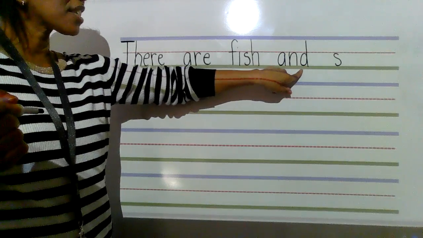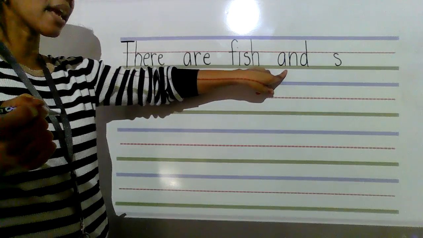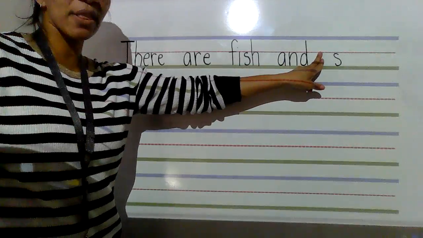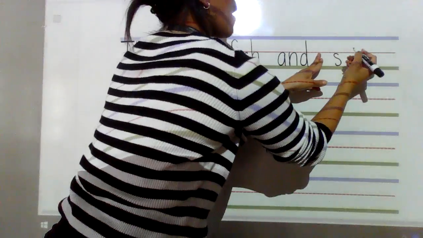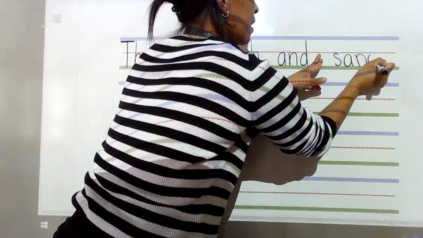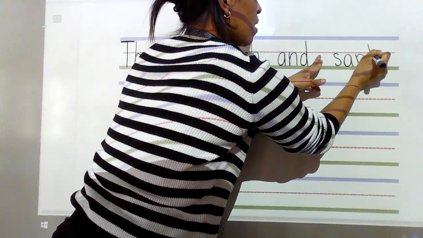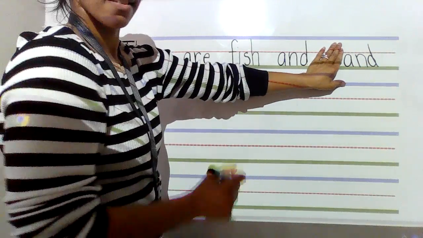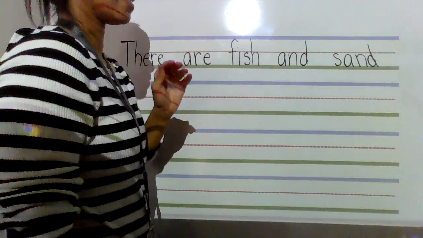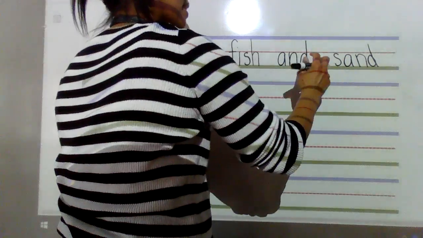And look, I just wrote and, so I can use what I know to write sand because I already wrote and. So I'm just going to rewrite those letters because I hear that power word in there. A-N-D. Look at that. If I know and, I know sand. And sand. There are fish and sand.